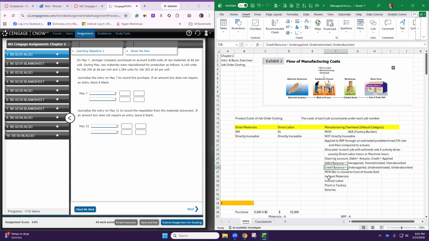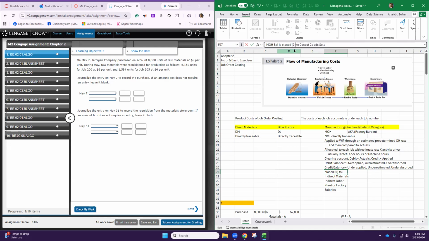Okay, manufacturing overhead balance is closed to cost of goods sold. So when we're finished with a period of time, we're going to have to close that account. Remember, close means zero. Close doesn't mean that you never use that account again. So I'm going to put 0 here.